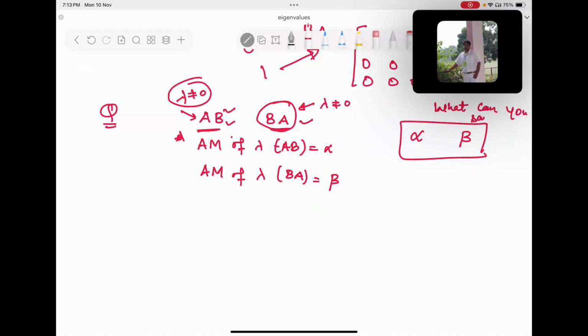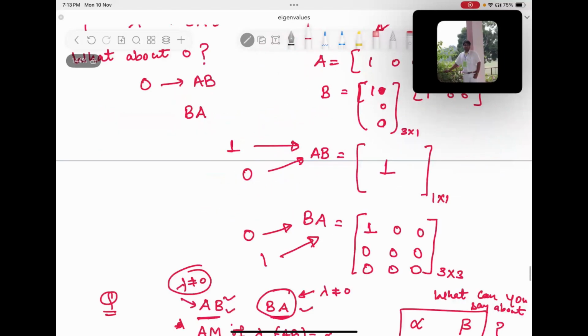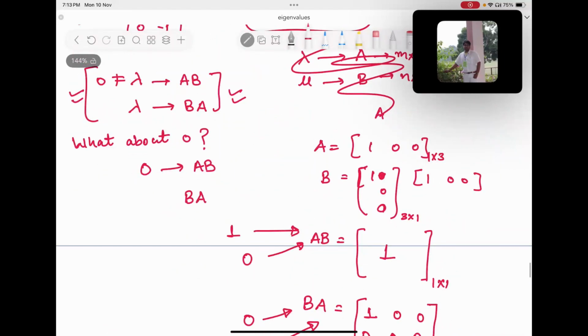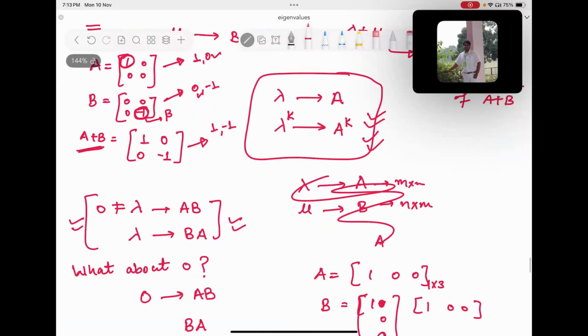Sir, I have another question. You have told us that in case of addition, the eigenvalue would not necessarily be the addition of eigenvalues. But here, if lambda is an eigenvalue of A, then if we raise A to the power k, it will always hold that it has eigenvalue lambda raised to the power k.